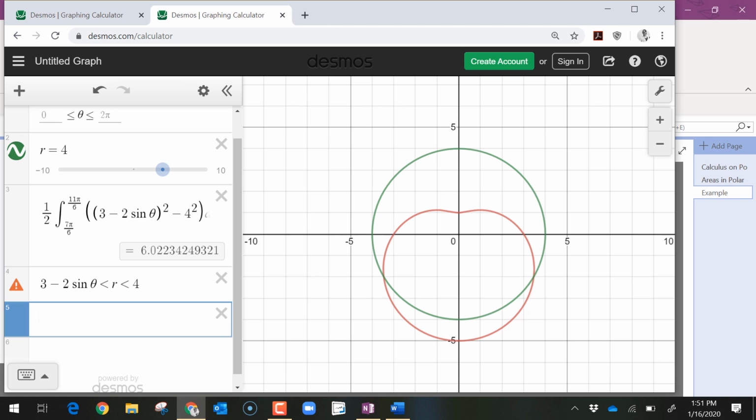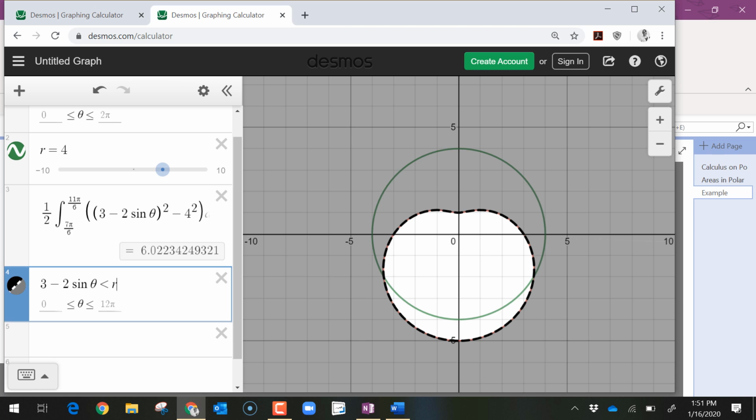That work? No. Oh, this is the upper one.